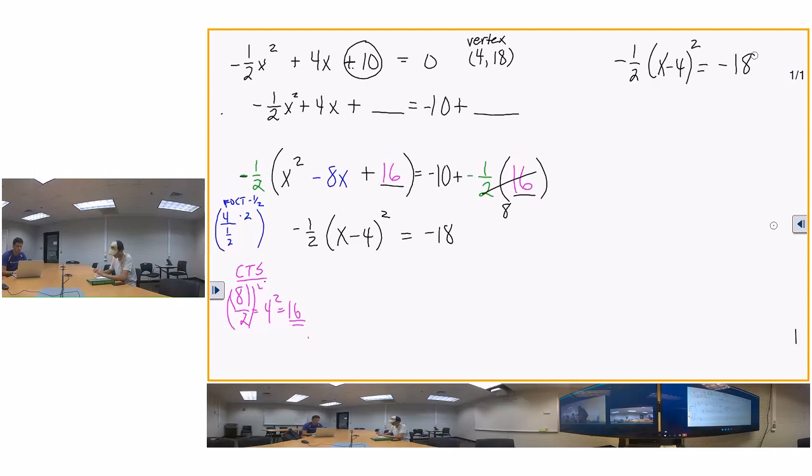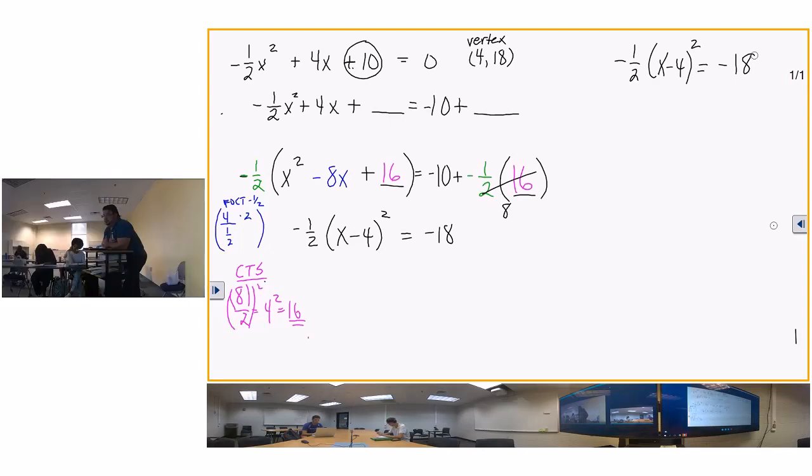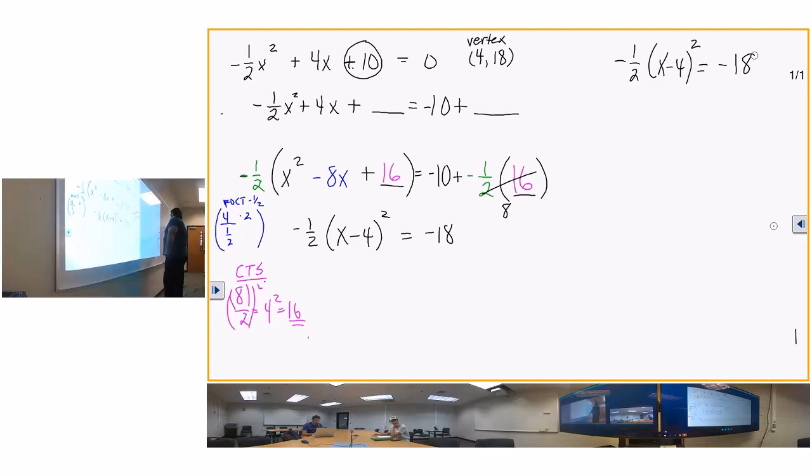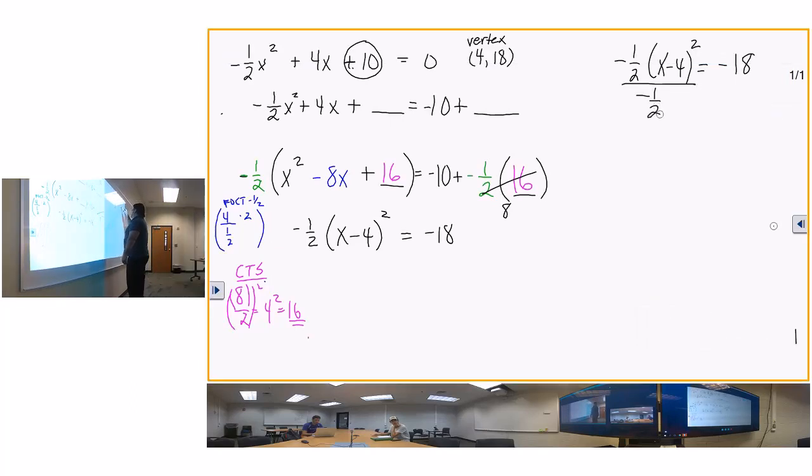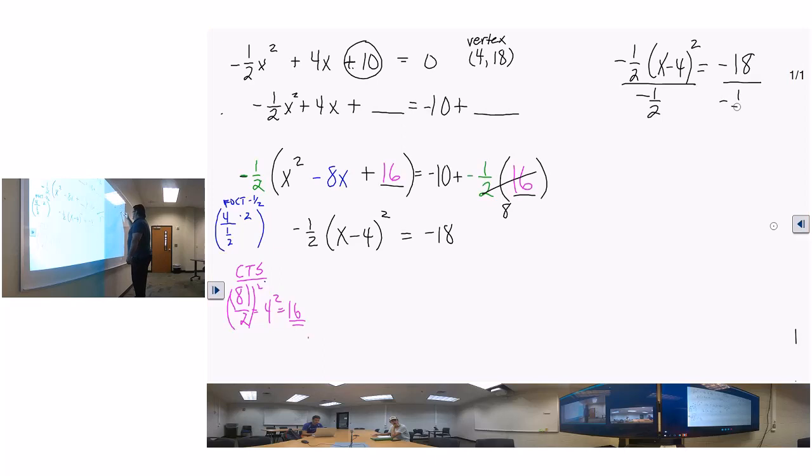And they just say, oh well. So I'm going to divide by negative what? When I divide by negative 1/2, that's the same thing as multiplying by what? Multiply by negative 2.